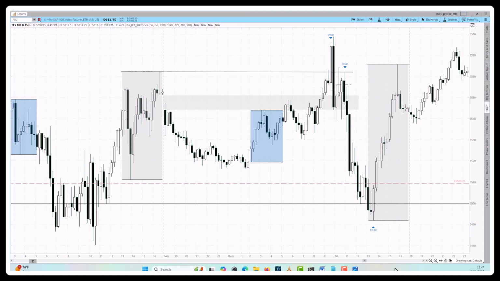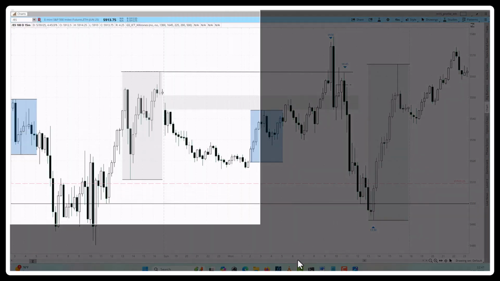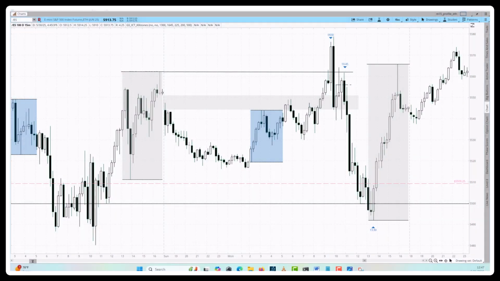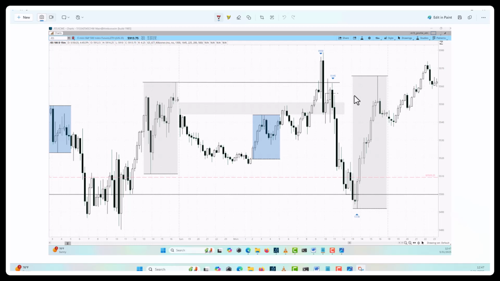Alright, let's take this screenshot and do a little bit of a deep dive on this and put into our journal that we saw this setup. So basically we have the test, the break, the test, I mean, so perfect.